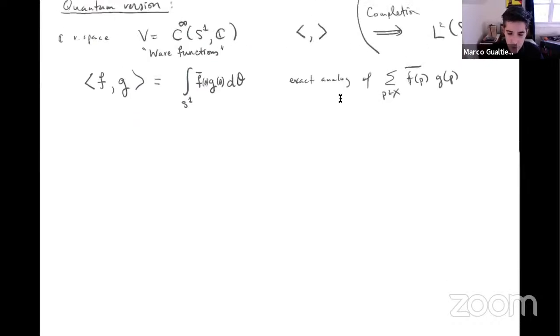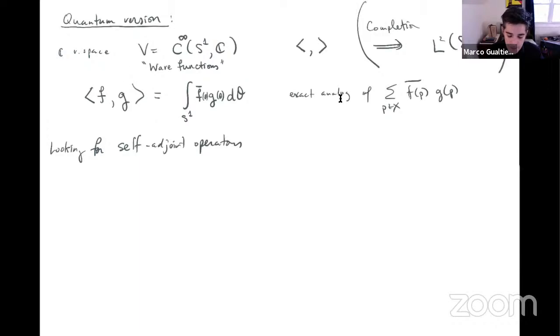So what symmetries do we have? We're looking for self-adjoint operators, hopefully one which plays the role of this kinetic energy.